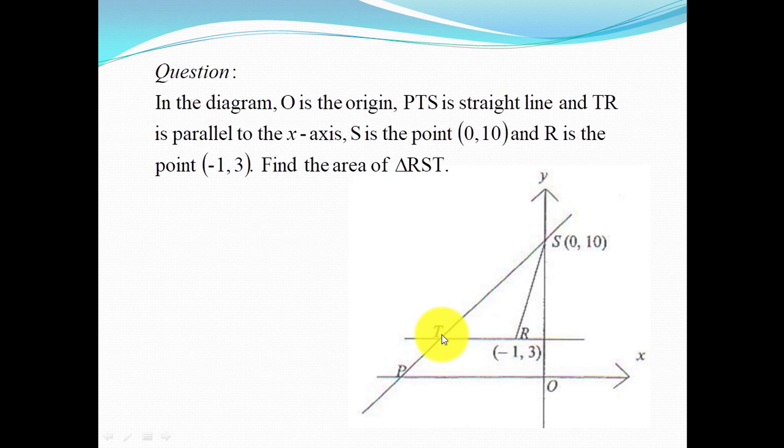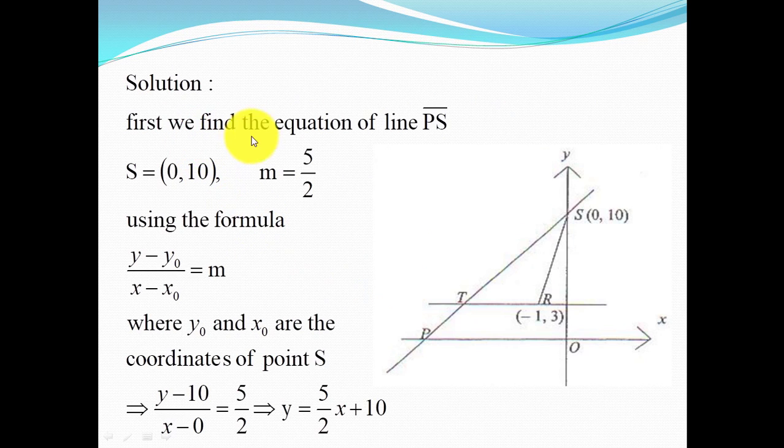To find the x component of T, we must find the equation of line PS. So first we find the equation of line PS. S is here, and its slope 5/2 is also given in the statement.